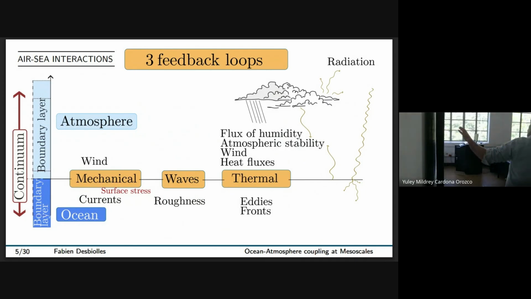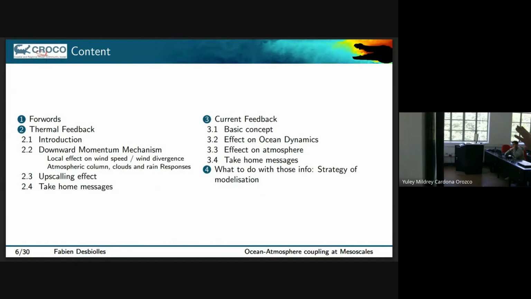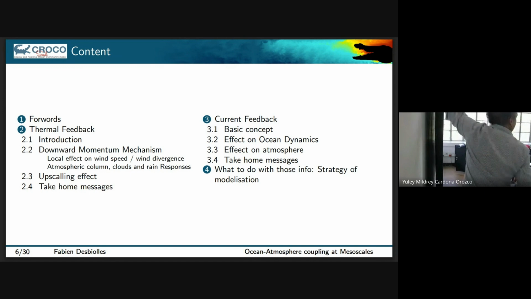So today I'm going to talk mainly about the thermal feedback and current feedback, right? We're not going to talk about waves. So this is the content of the talk. We're going to start with the thermal feedback, okay? I'm going to give you an example of an important process. What is the atmospheric response to that?